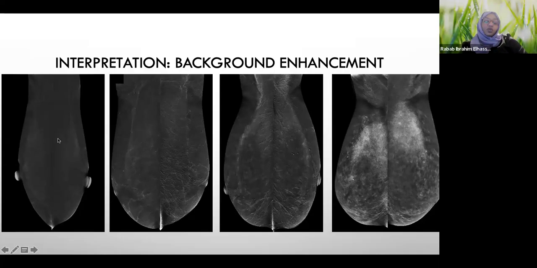The report should start by describing the background parenchymal enhancement, because it has the ability to obscure lesions if it is high, as in this last image. So it might be minimal, moderate, or significant, and that should be mentioned in the report to denote the sensitivity of the test that we are describing.